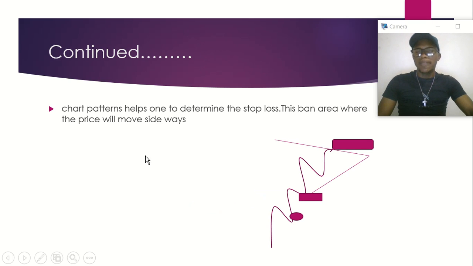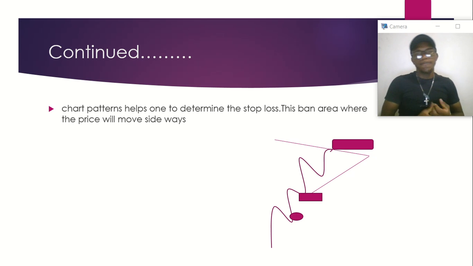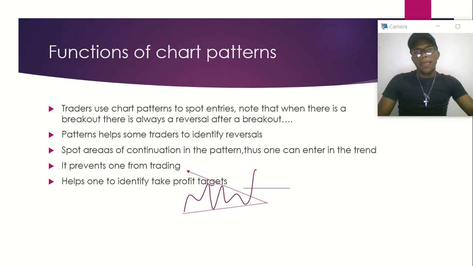For instance, guys, some chart patterns help us to determine the stop loss. Okay, I can mention this thing. If you want to, for instance, here you've identified this pattern, you will see that after this breakout, you need to place a buy.